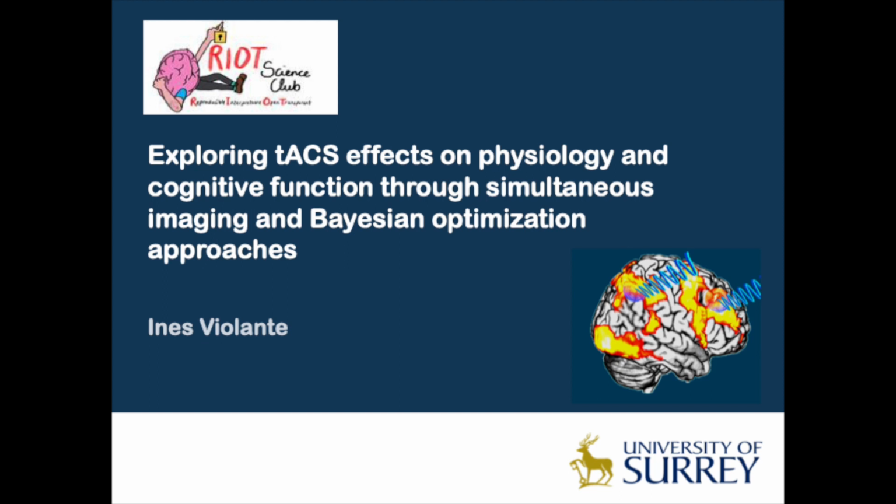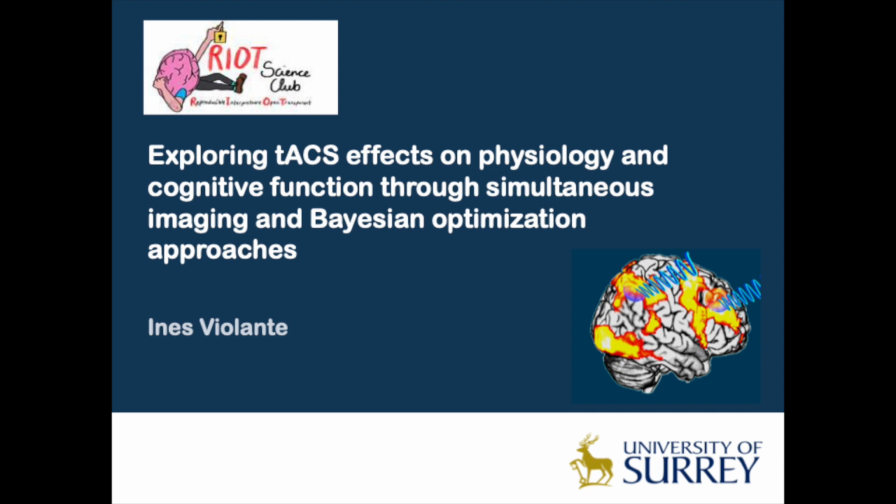There are many different modalities, and I'm going to talk about how we've been using this to understand cognitive function, and how we've been putting this together with Bayesian optimization to tackle some of the issues associated with using brain stimulation to modulate cognitive functions.